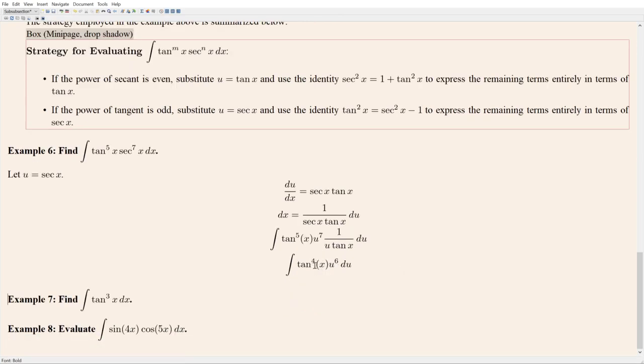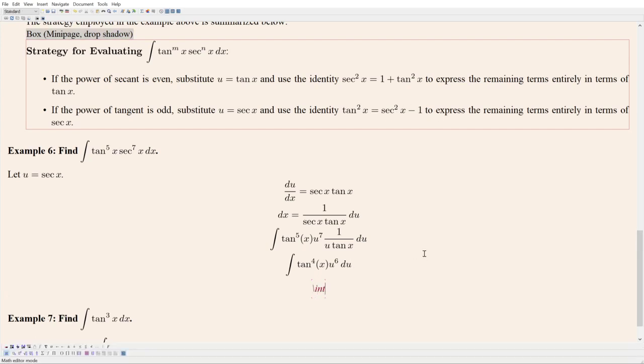So now we got to get rid of these remaining x's, so we're going to use a trig identity. So we use the identity tan squared is equal to secant squared minus 1. Well, we don't have tan squared, we have tan to the power 4, but that's fine because tan to the 4th power is just tan squared, squared.